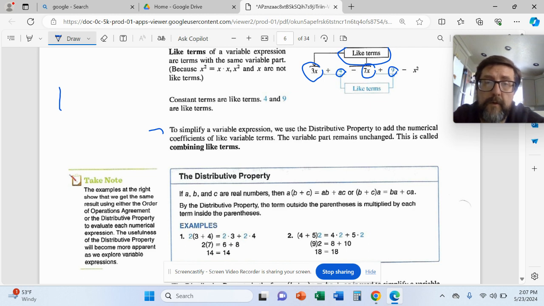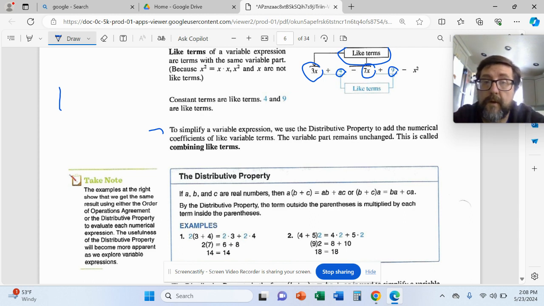To simplify a variable expression, we use the distributive property to add the numerical coefficients of like variable terms. So you're just adding the numbers for the variables that are alike.